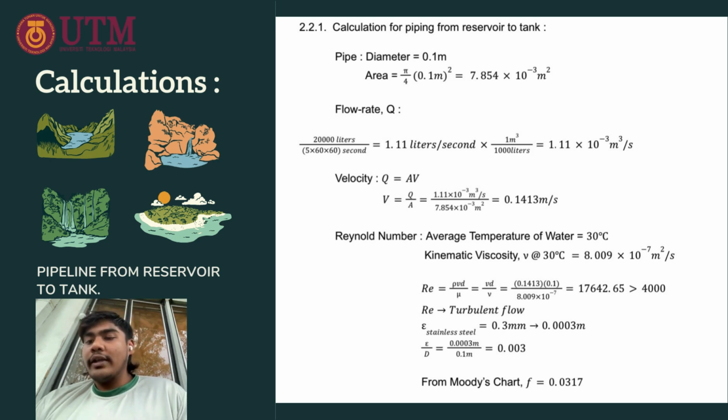For the equivalent roughness, we use the formula of epsilon over d, and after we calculate, we got 0.003, and we take the Reynolds number and the equivalent roughness to the Moody chart. Then we got our frictional factor equal to 0.0317.